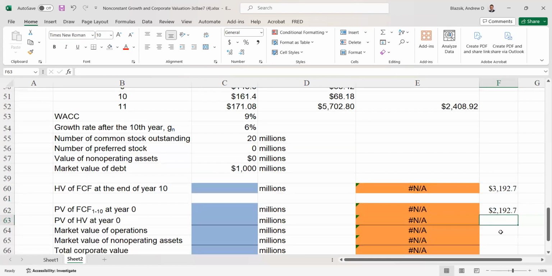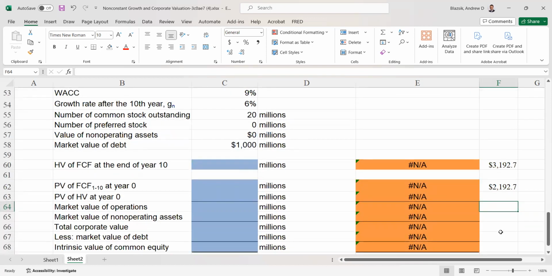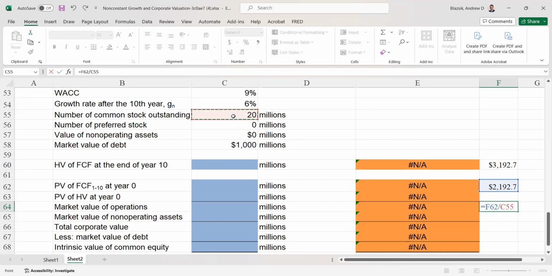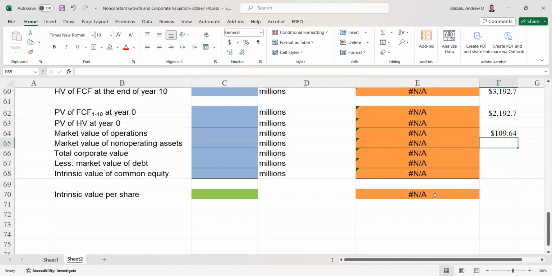That's going to give me a different value there. So that's all future cash flows with the perpetuity of a 6% growth, what it's worth today, minus the debt. And then I'm going to take that value and divide it by the 20 million outstanding shares. And that just gave me $1.0964.